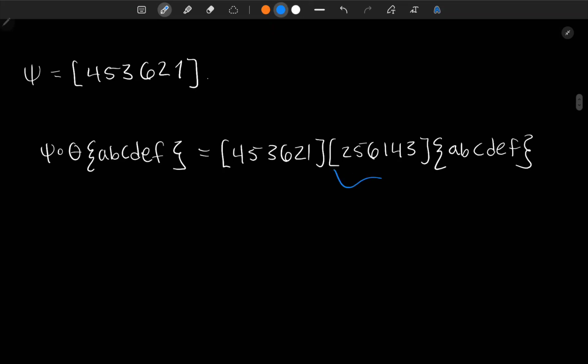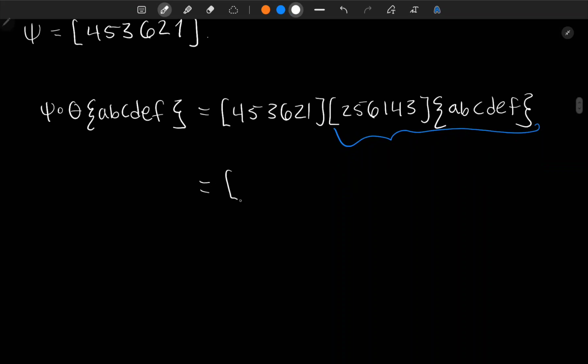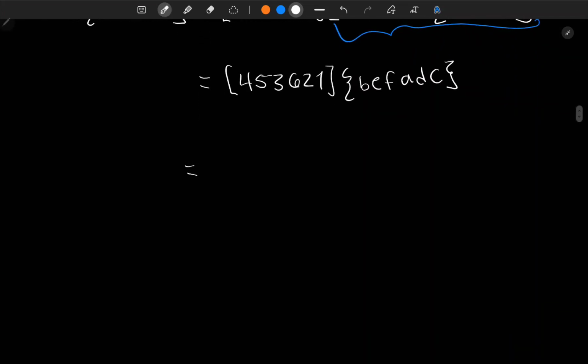Then we already found what theta times A, B, C, D, E, F is. So we can just write psi, which is 4, 5, 3, 6, 2, 1, acting on B, E, F, A, D, C. Then we write the following.